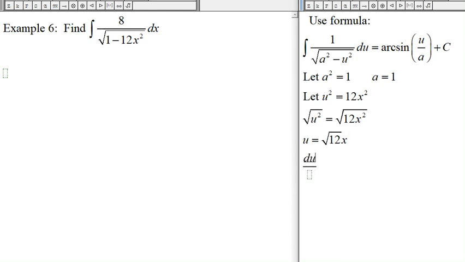And then the derivative of u with respect to x. So this is the constant square root of 12 times x, and so the derivative is just the square root of 12. So du is equal to the square root of 12 times dx. But in our problem, we don't have the square root of 12. And so what we can do is multiply both sides by 1 over the square root of 12.